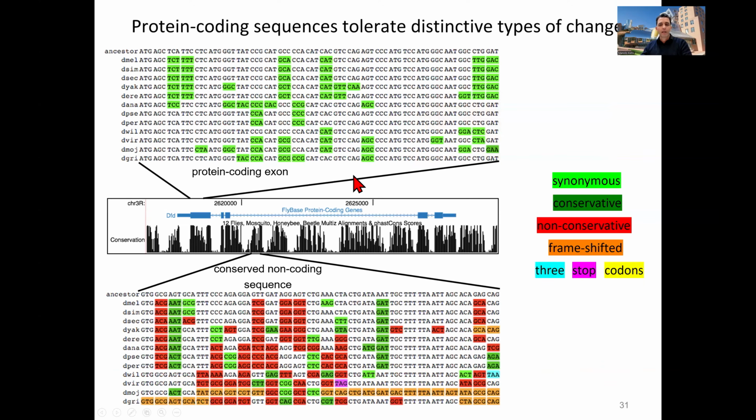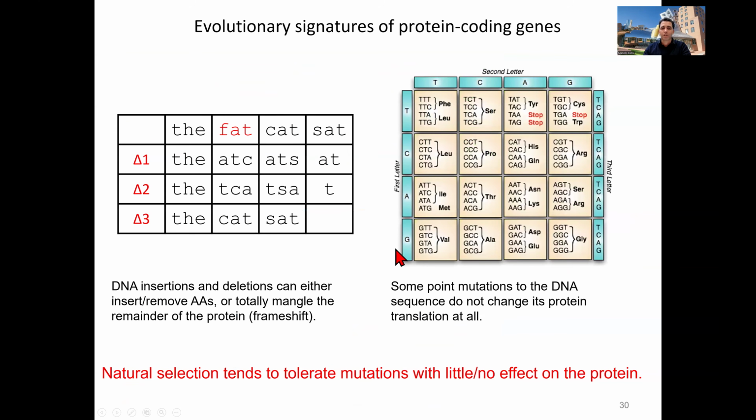And if you look at a protein coding region here, and you look at its alignment, and you color all of the places that have changed, you see that only synonymous changes have happened here. And if you color this region here, which is highly conserved, but not known to be coding for protein, then you see that there's many non-conservative changes that change the properties of the corresponding amino acid translation.